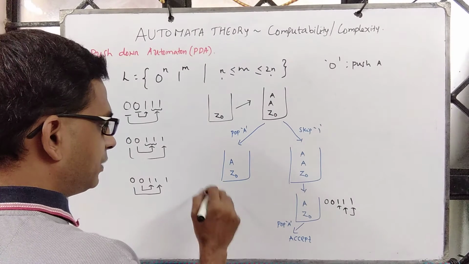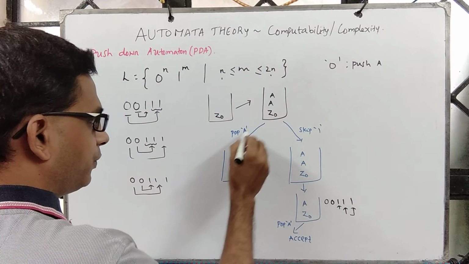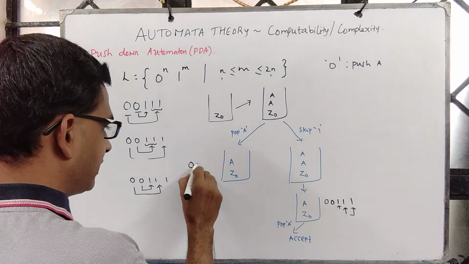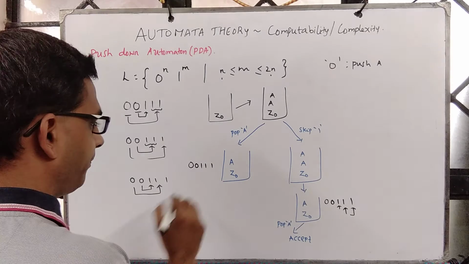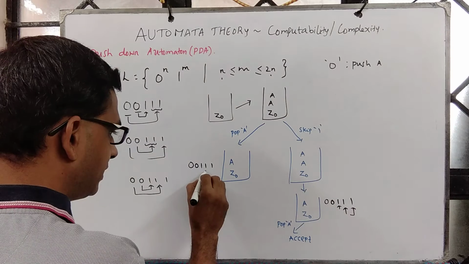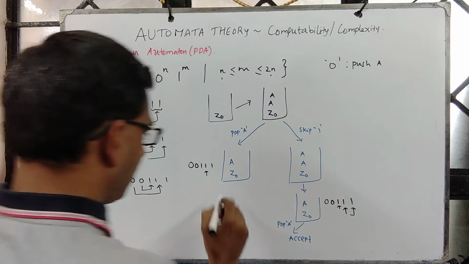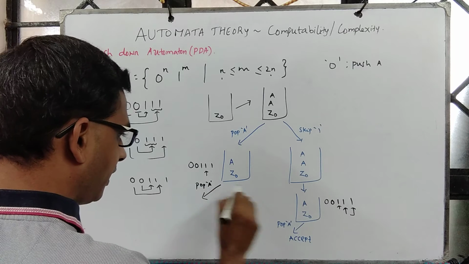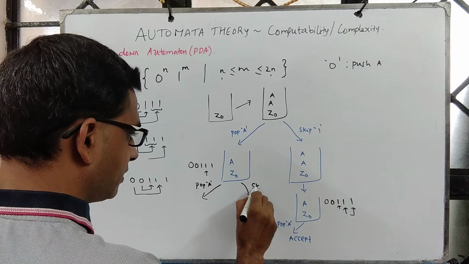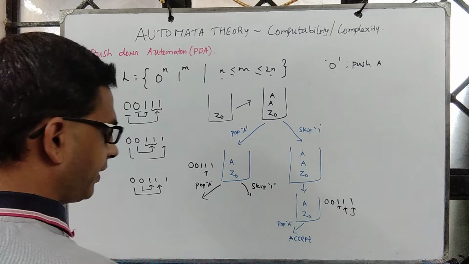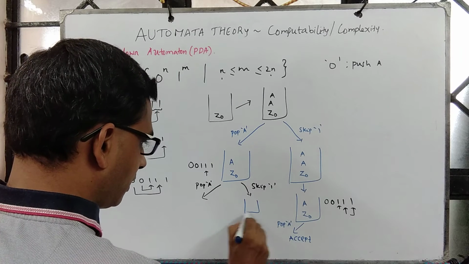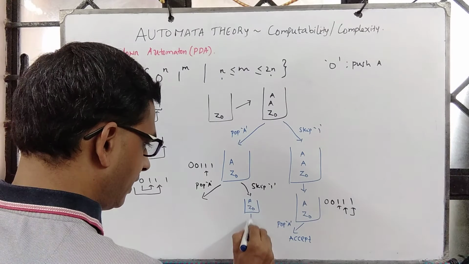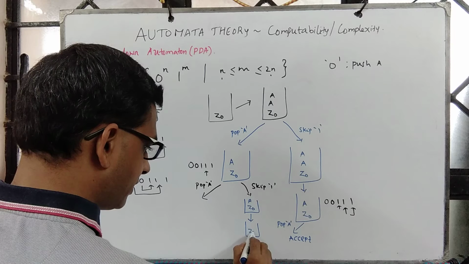Now this one says you pop A, then input configuration is 0 0 1 1 1. Okay. Now after this, now control is here. One direction says pop A, another direction says skip 1, which means it is Z0 A. In the next iteration you pop, it becomes Z0.